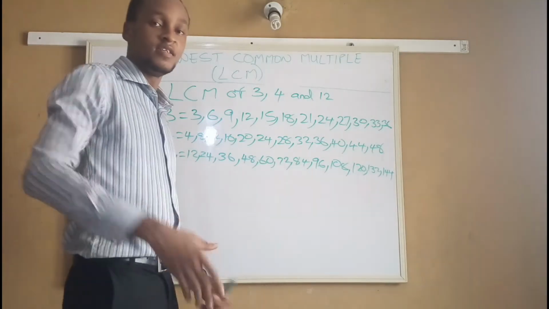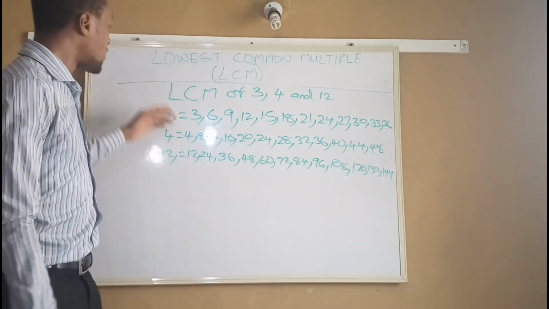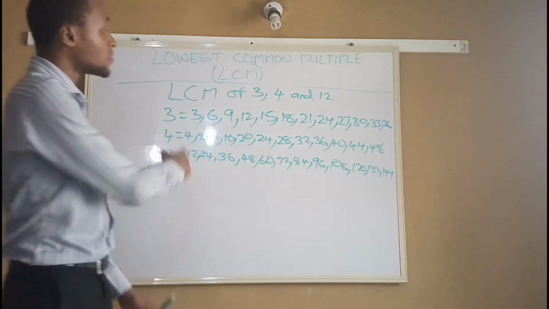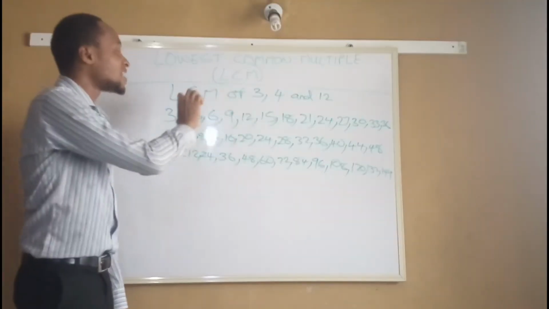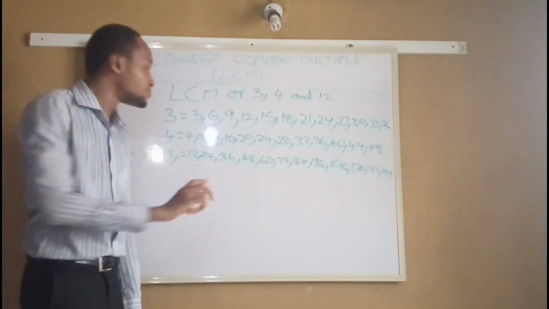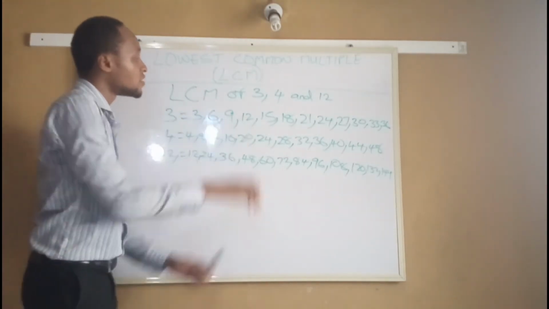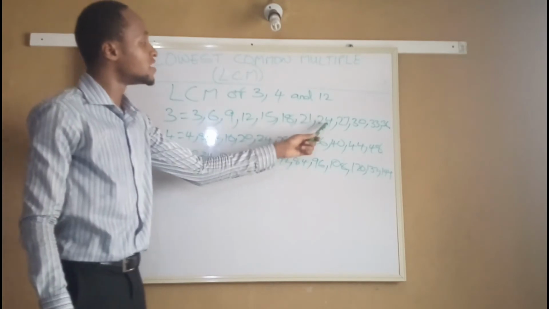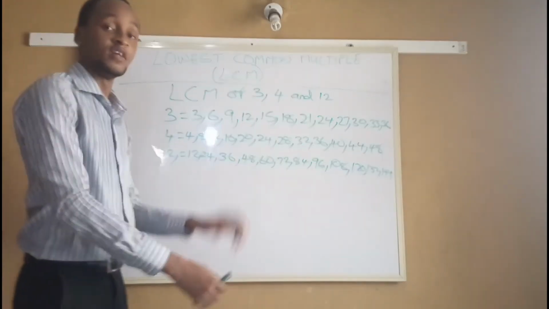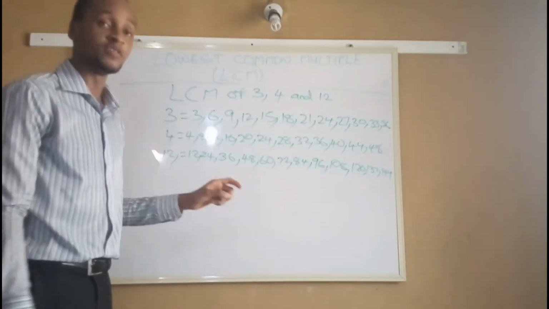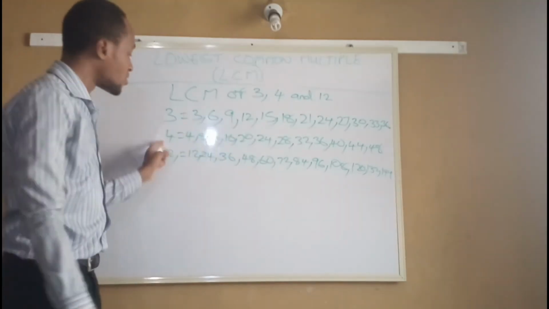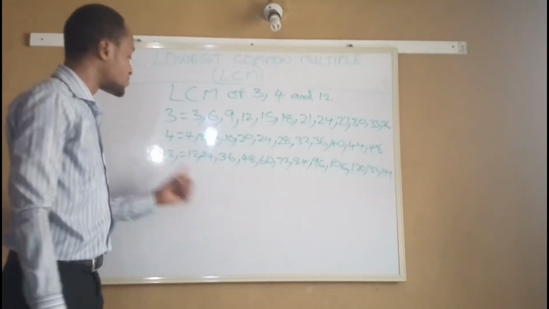Now, all these are the multiples of 3, 4, and 12 from 1 to 12. We've listed out the first 12 multiples of 3: 3 times 1, 3 times 2, 3, 4, 5, 6, 7, 8, 9, 10, 11, 12. The first 12 multiples of 3, the first 12 multiples of 4, the first 12 multiples of 12.